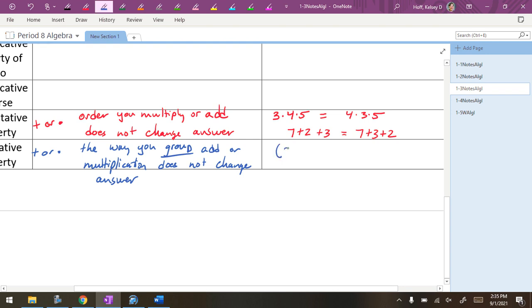So in parentheses, 2 plus 5, close the parentheses, plus 6 is really the same as 2 plus parenthesis 5 plus 6, close your parenthesis. So in that one, your parentheses move.